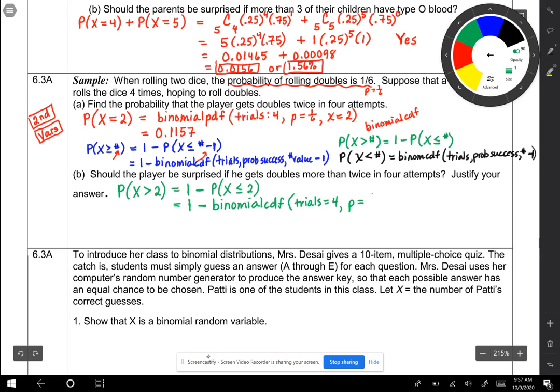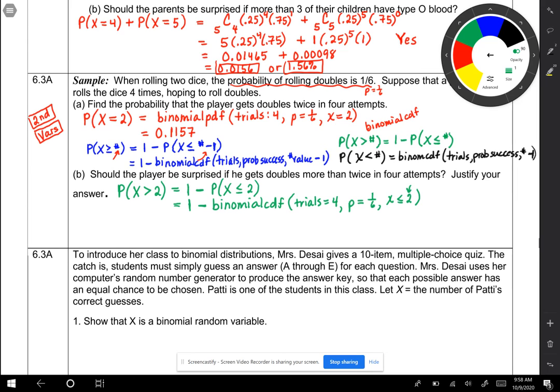Don't just put 4, 1/6, 2; tell what they are. p equals 1/6. And your value here is going to be 2. You don't put x is less than or equal to 2, but that's what it's referring to. So you're still going to put the number 2 there. When it gives you that prompt for x, you're not going to write less than or equal to 2. You're just going to put in the value of 2.